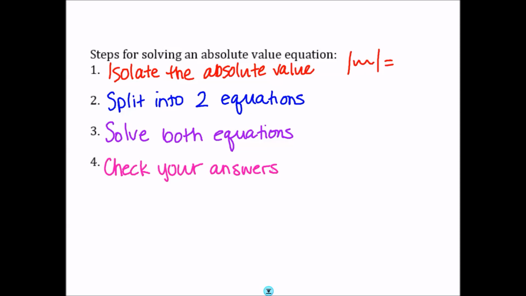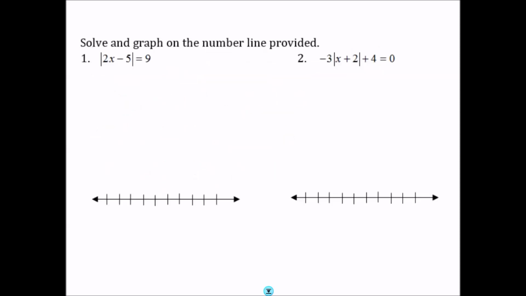And I'll explain more about that when we look at a couple of examples. So you have to check for extraneous solutions. And you do need to remember that word extraneous. So let's take a look at a few examples.